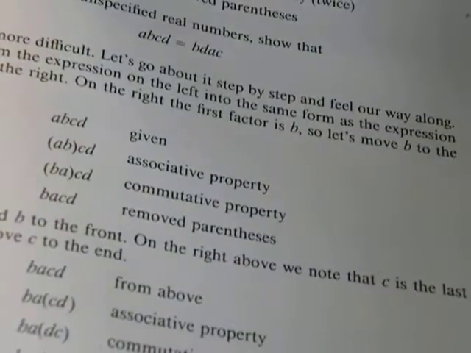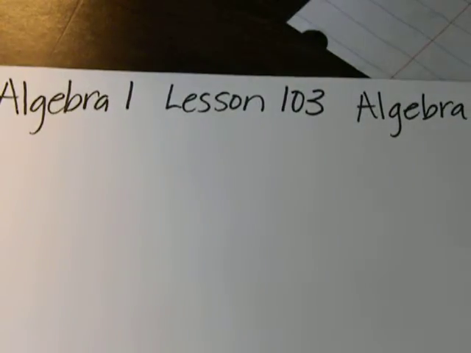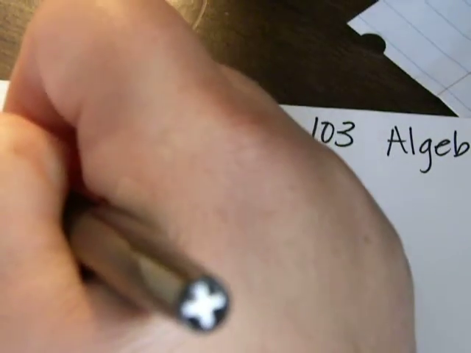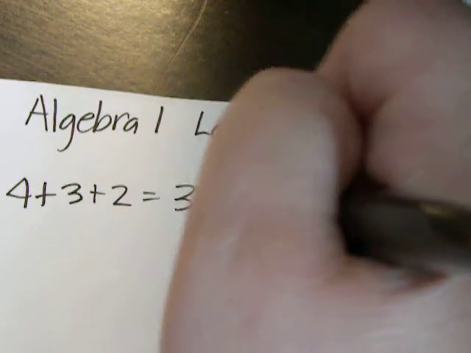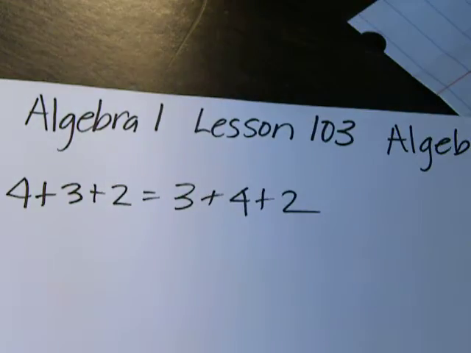The very first thing that we're going to work on proving is something that seems like a really easy statement, but we're going to do the mathematical proof of it. We're going to do the proof that 4 plus 3 plus 2 equals 3 plus 4 plus 2.